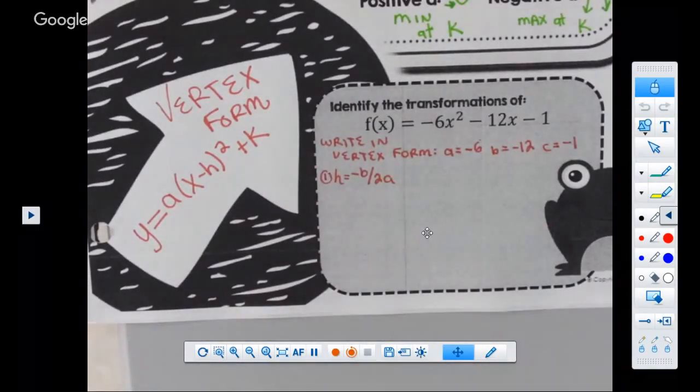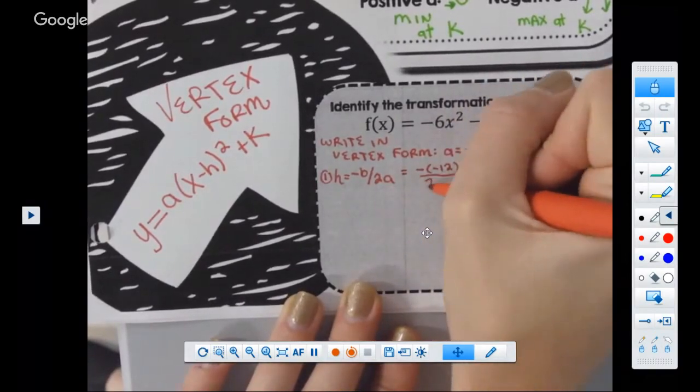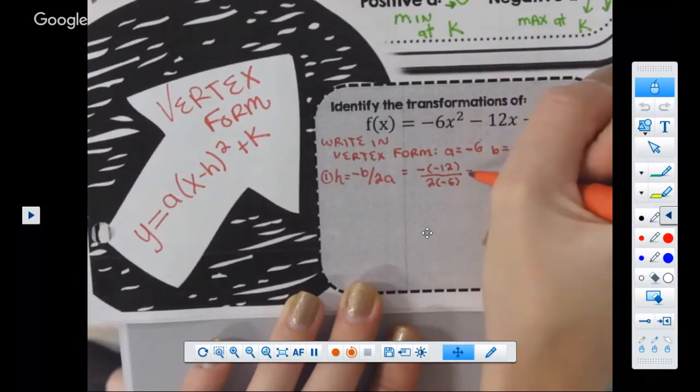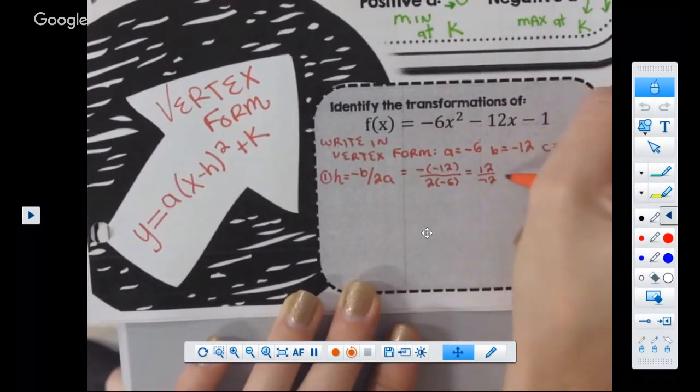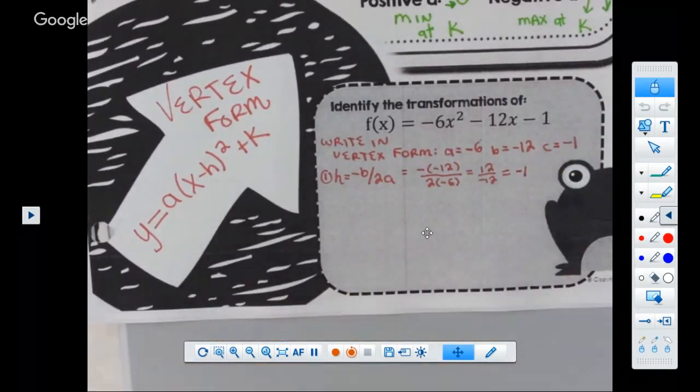Did y'all get it yet? I got negative 1. We agree, disagree? On the top, the double negative becomes positive 12. The bottom gives us negative 12. And 12 divided by negative 12 gives us negative 1.